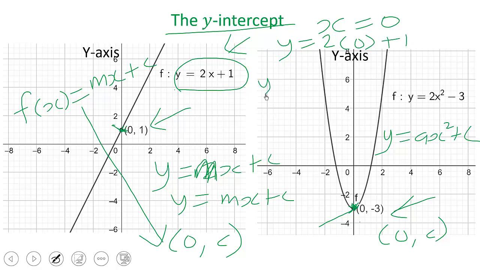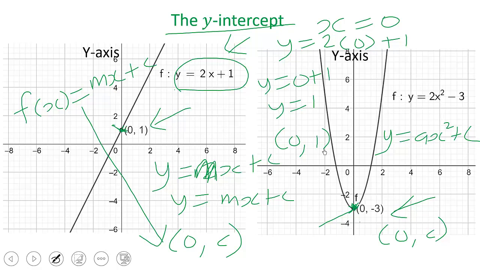So this gives you y equals 0 plus 1, y equals 1. So when x equals 0, y equals 1. That point is the y-intercept. The y value of that point is 1, and the x value of that point is 0.